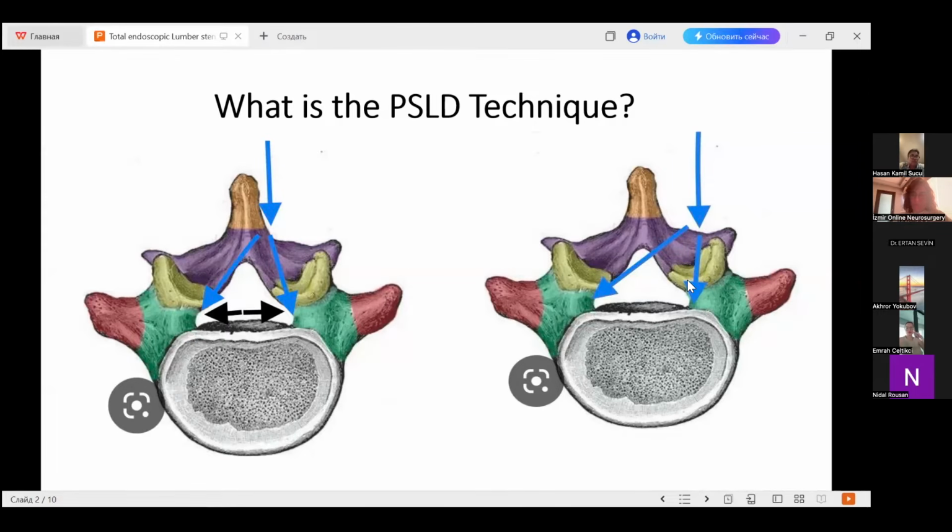First, they try to find the facet, then remove some part of the facet until they find the SAP, and just do flavectomy and remove the herniation.